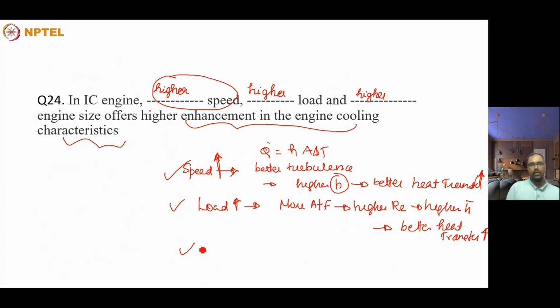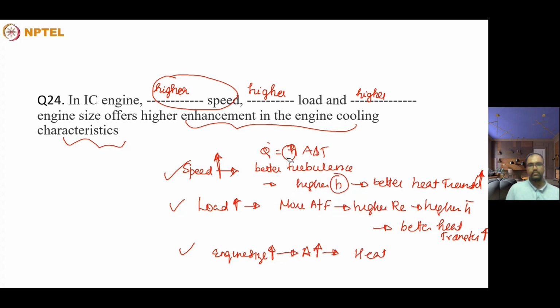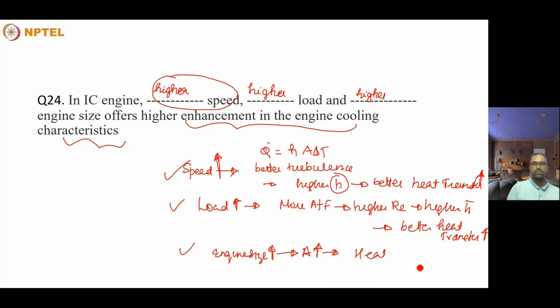And the third one, engine size increases, area increases, and then total heat transfer increases. It can be either through an increase in h, or it can be through an increase in area.